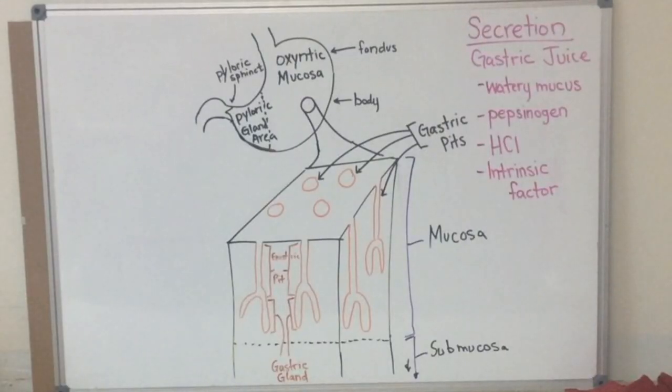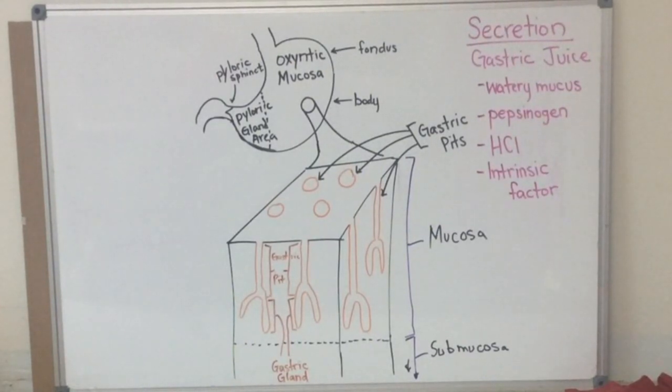Also within the gastric pits are stem cells. These cells rapidly divide and are the parents of all new cells within the gastric mucosa. The cells that are created will either migrate out of the pit to become surface epithelial cells or migrate deeper into the gastric gland where they differentiate to become chief or parietal cells.